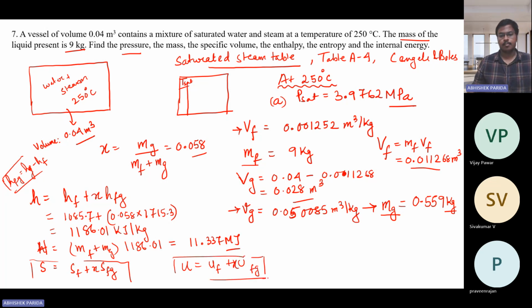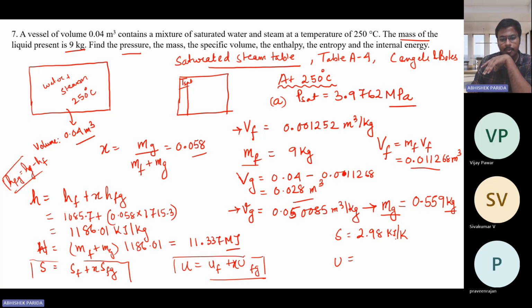Okay, correct? How much are you getting entropy? Around 2.98 kilojoule per kilogram Kelvin. It's kilojoule per kilogram Kelvin.